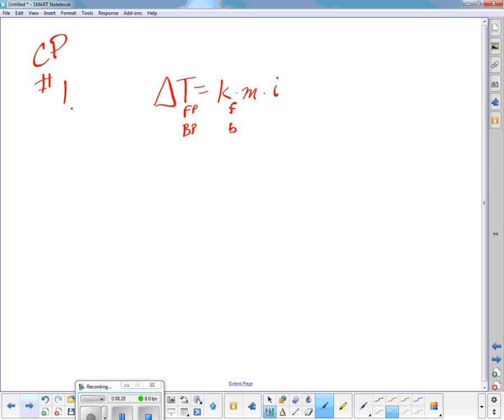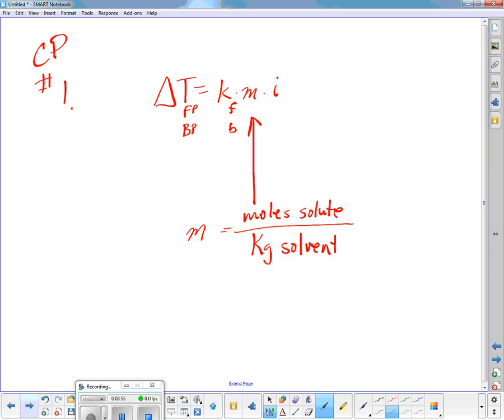So that's all you're doing in 3 and 4. And then when you get to 5, you start plugging into this equation. When you get to the back side, you're going to have to find this before you do any of the others. Remember, this is moles of solute divided by kilograms of solvent. So it's a little bit different, and that is molality.